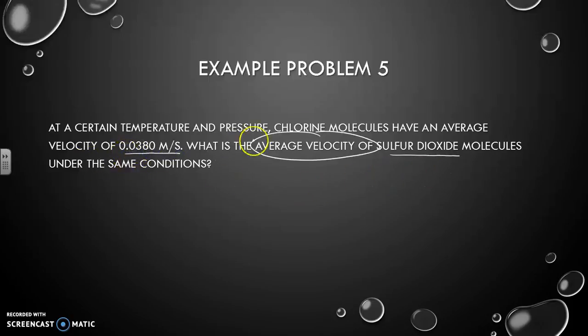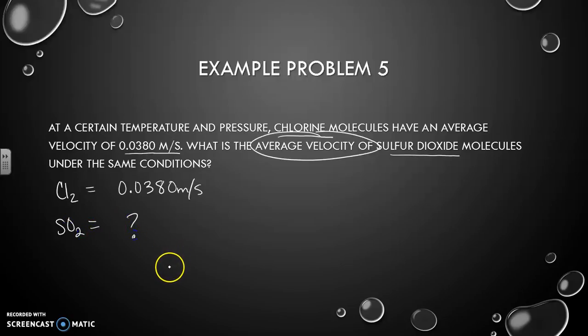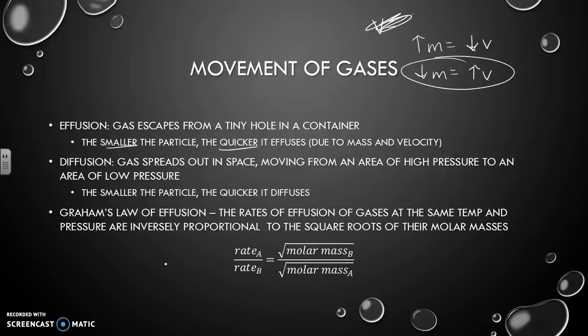This would be our rate, and we know that chlorine molecules have a rate of 0.0380 meters per second, and they want to know the rate for sulfur dioxide. So we go back and look at that equation: the rate of one over the rate of the second one is inversely proportional to the square root of their molar masses.